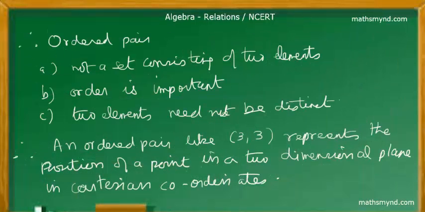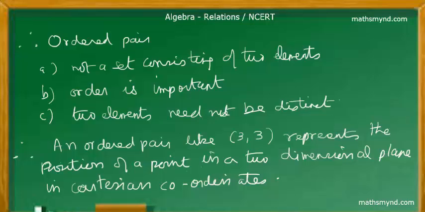So what are the key characteristics of an ordered pair? As we have already seen, two elements within the brackets doesn't mean that we are referring to a single set. It's not a set consisting of two elements, and the order is very important.